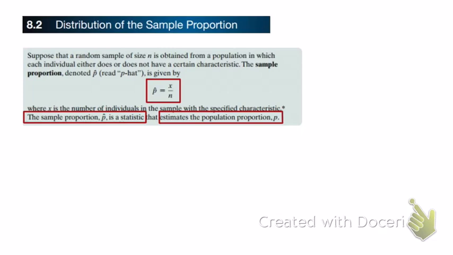So if you have to write yourself a note, if you just see P, think population parameter. In other words, is there such a thing in the state of Texas? Is there a certain percentage of people that believe in the Easter Bunny? Yeah. Will we ever know it? No. But we can get a sample and get an estimate of that.